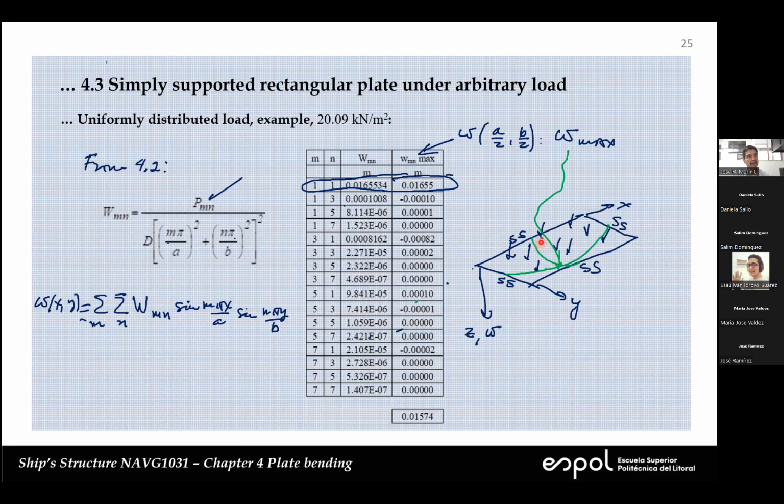Anybody here? Mr. Gomez, the slope here, dW/dy, is going to be positive or negative in this point where I'm signaling? Positive. Yes, positive, because this is the direction of W.